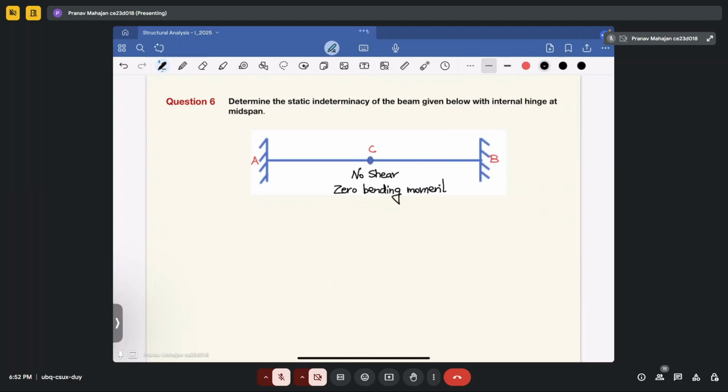Now talking about static indeterminacy, how you will calculate. So your degree of static indeterminacy is equal to number of reactions minus number of equilibrium equations available.